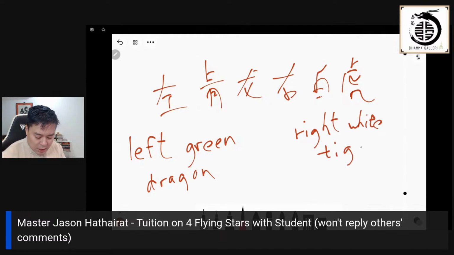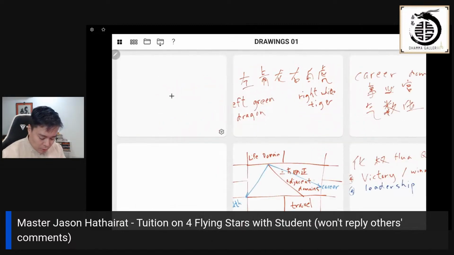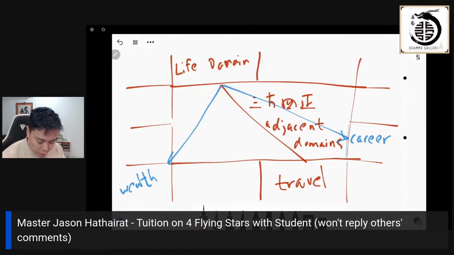It's very much the same in 紫微斗数, and it is very important and very auspicious. If you are looking at the chart from the angle of the birth chart, the 三方四正 on the left side is always your career domain.